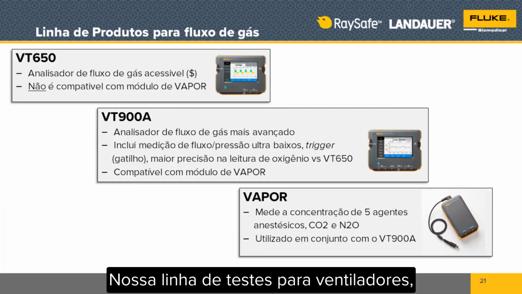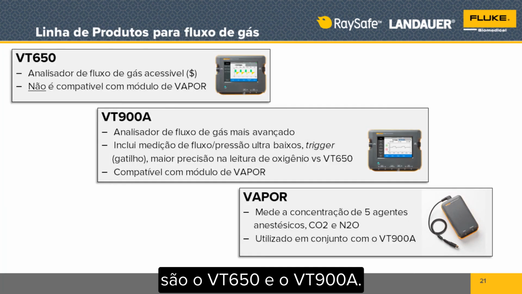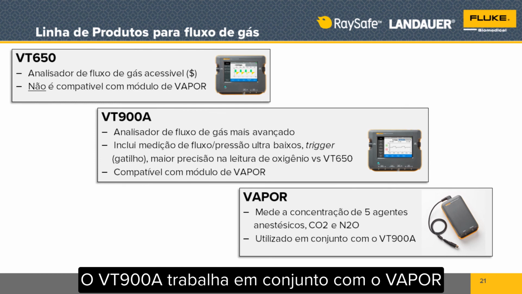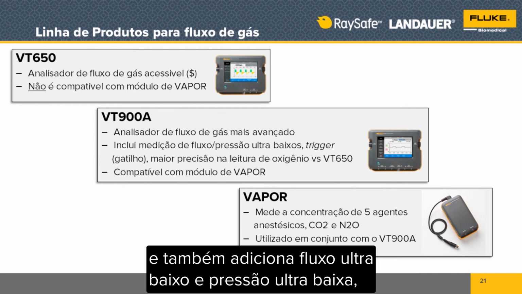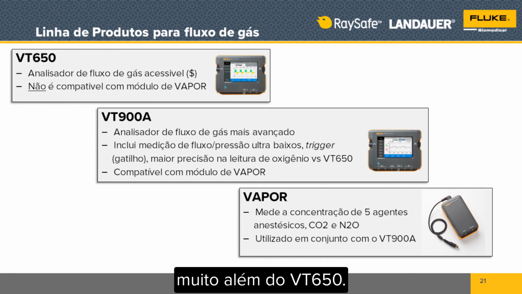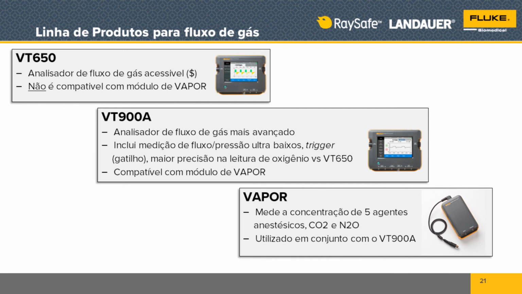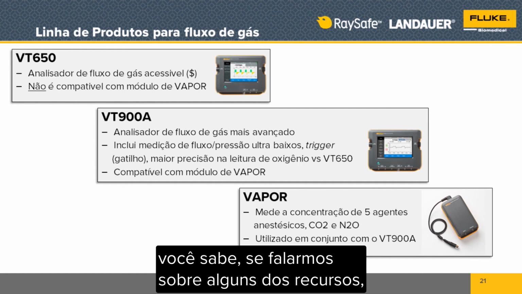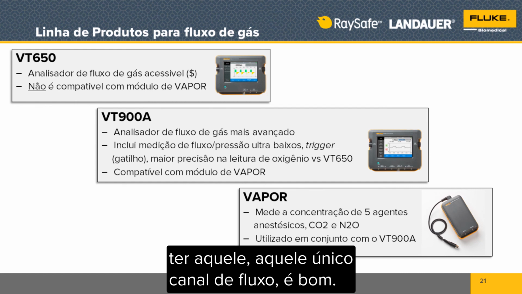So very quickly, our lineup of ventilator testers is the VT650 and the VT900A. The VT900A works in conjunction with vapor and also adds ultra low flow and ultra low pressure over and above the VT650. Yeah, so again, if we touch on some of the features, having that single flow channel is good.